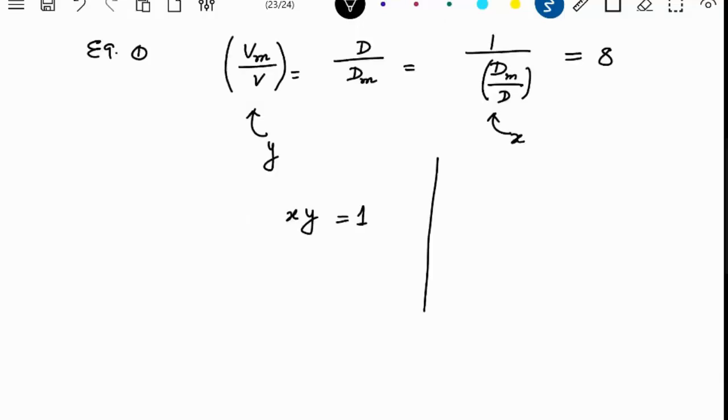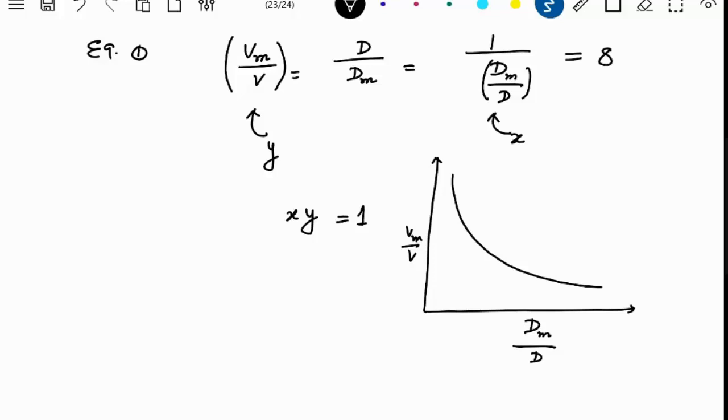If you plot dm by d on the x-axis and Vm by V on the y-axis, you will have something of this kind of graph. And in this case, dm by d is 0.125 because this is 1 by 8. So this is 1 by 8 is 0.125. Let me write 1 by 8 then. And then corresponding Vm by V is 8.